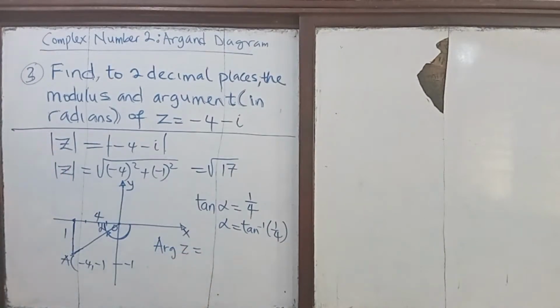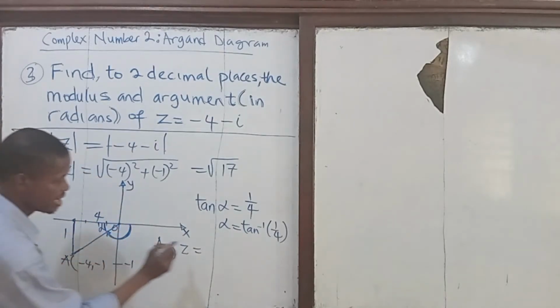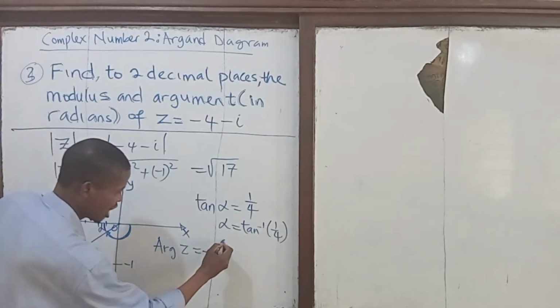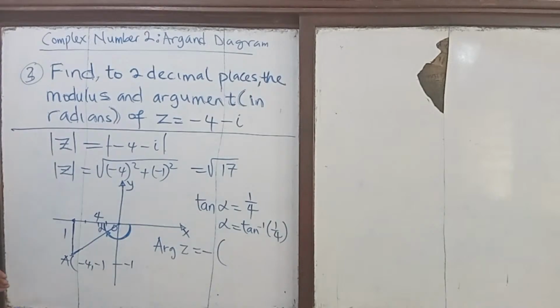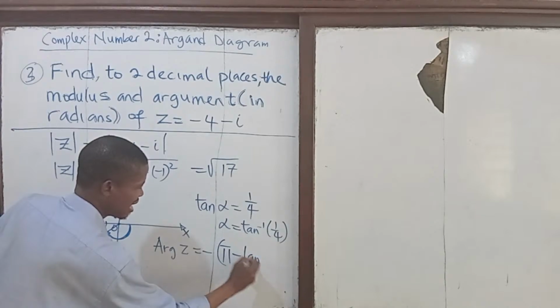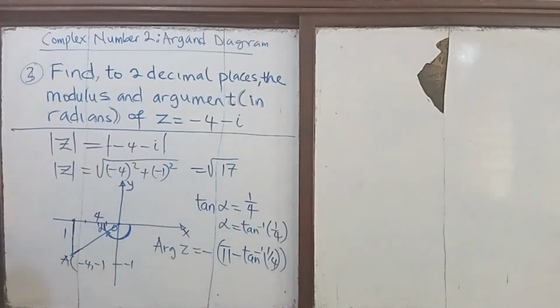It's still angle on a straight line, but this one is down, it's not up. So because it's not up, you introduce a minus, and the angle on a straight line is pi minus arctan 1 over 4.